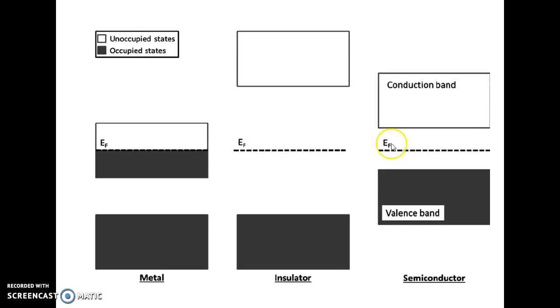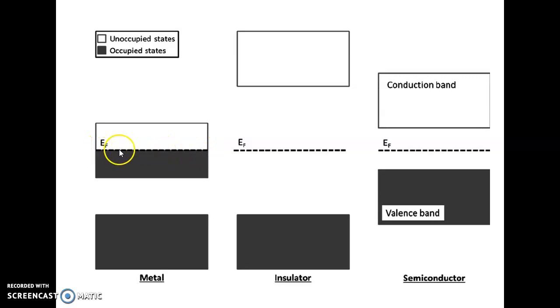Now you see the metal. Here you have the valence band and the conduction band. The valence band is fully filled while the conduction band is partially filled, or you can say there are more unoccupied states in the conduction band. And see the maximum energy level the electron occupies. That tells you the Fermi energy level. So what is the Fermi energy level?